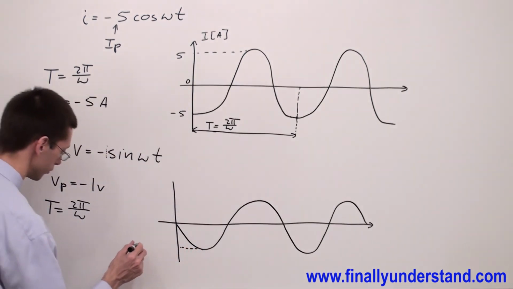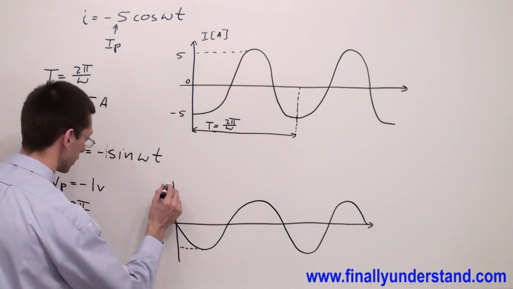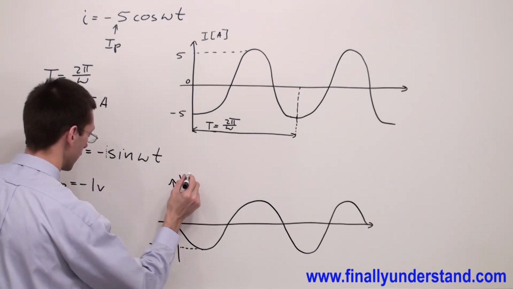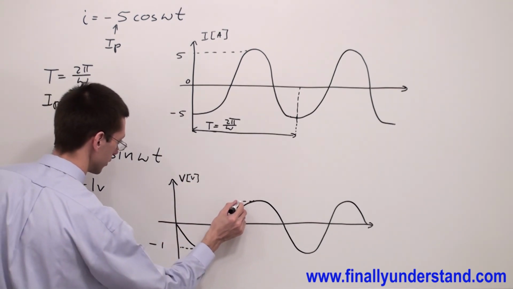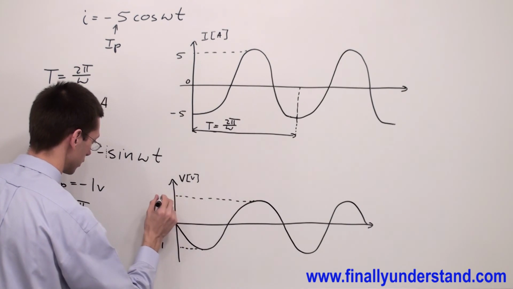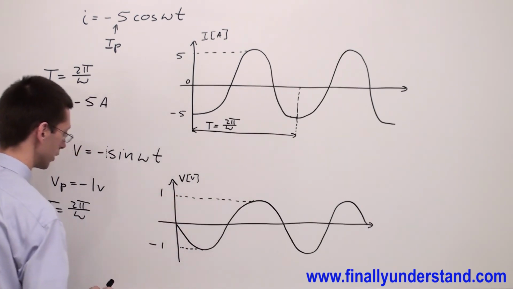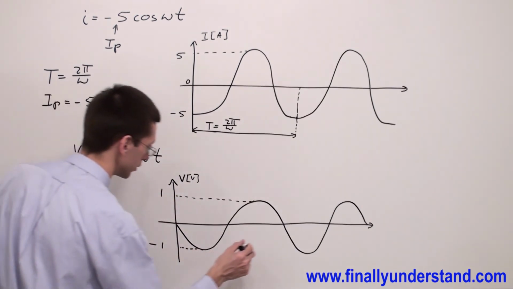Voltage peak, negative voltage peak is minus 1. And this is my y-axis, which is scaled in volts. And this is my positive voltage peak.